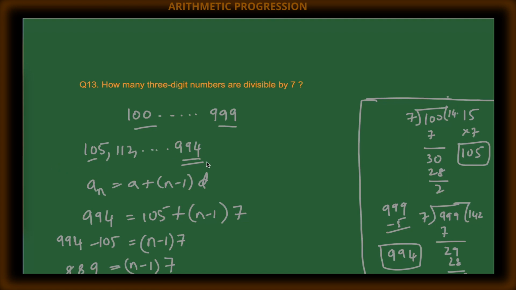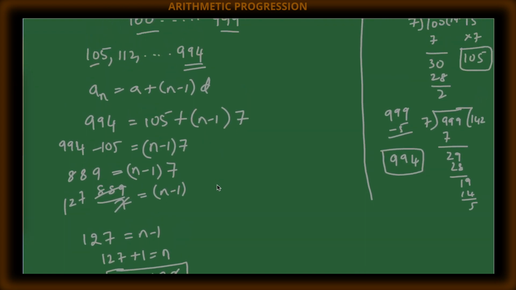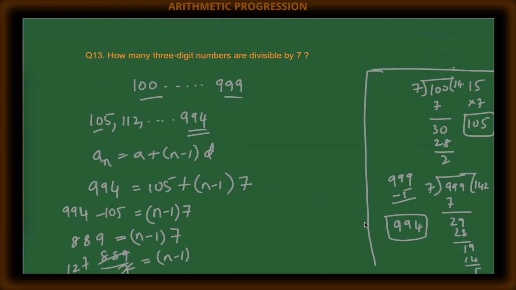This forms an arithmetic progression. Once we form it, we need to find how many terms there are. We take the last term, whose value is 994, and replace it in the formula an is equal to a plus n minus 1 into d, where we need to find n. We know the common difference is 7 and we know the first term a. Sorting this out, we got n is equal to 128. Hope this is clear, students. Let's move to the next question.